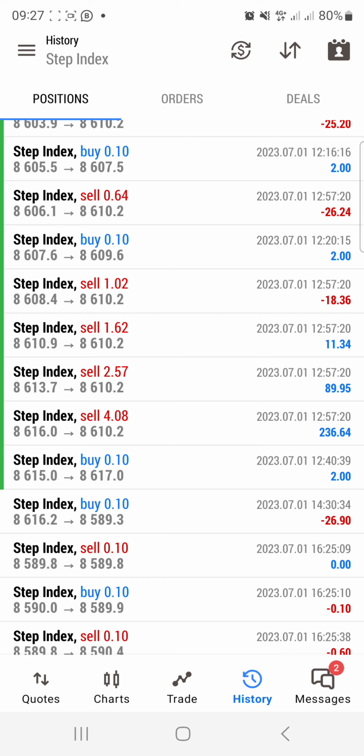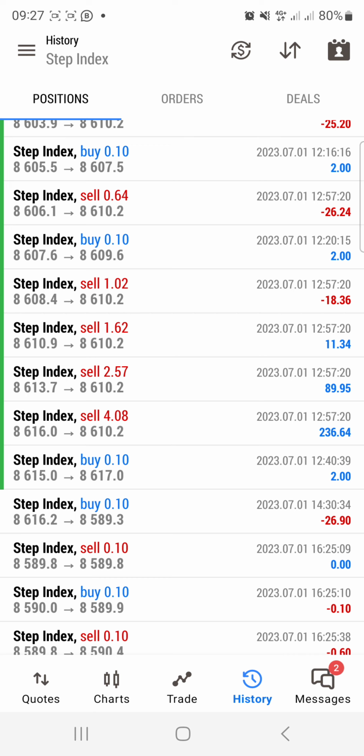Look at the risk: what the negative of the 0.1 would have been, the negative of the 0.16, the negative of the 0.4, the negative of the 0.6 before you open 1.0, the negative of 1.0 before you open 1.6, before you open 2 points, before you now open 4 points.